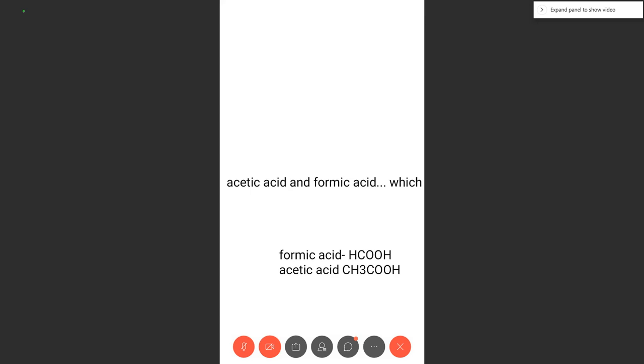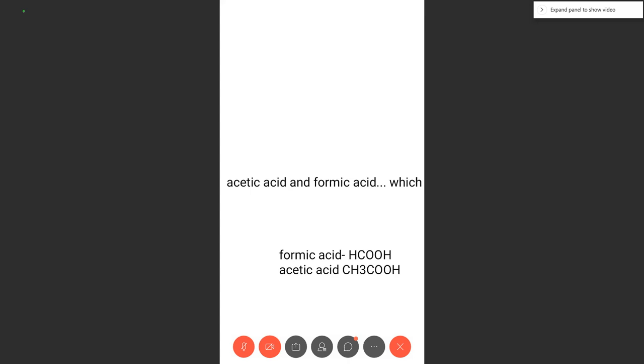We have C double bond O, OH, in which O minus is the carboxylate. In acetic acid, the CH3 group has a plus I effect which gives the carbon a positive charge, and in formic acid H does not have this type of electron repelling character.